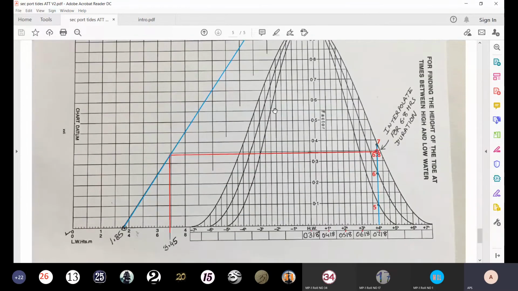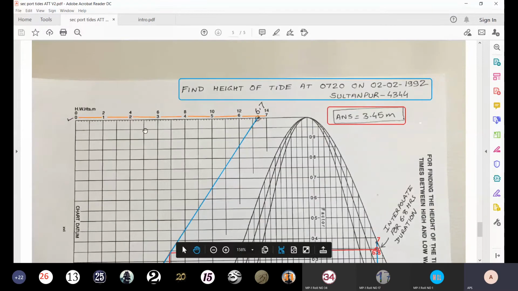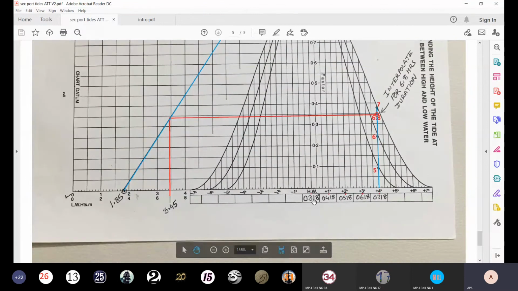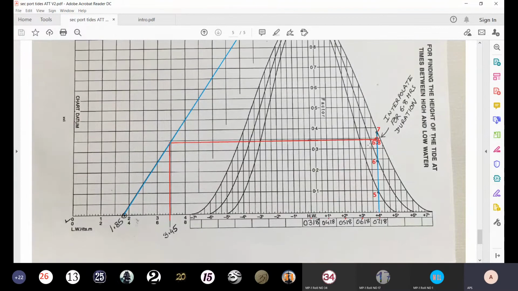Rest everything is the same. Your low water height goes on the lower line, high water height on the upper line, then join them, and in the middle part you write the high water time, then add 1 hour because it is a falling tide, and then get your data.